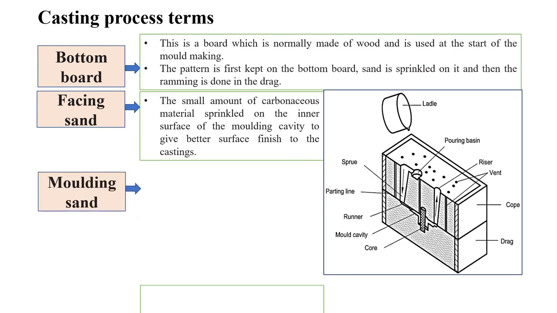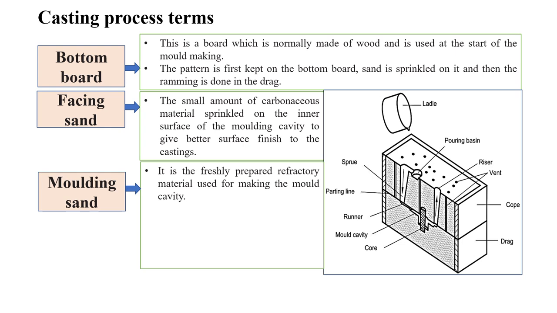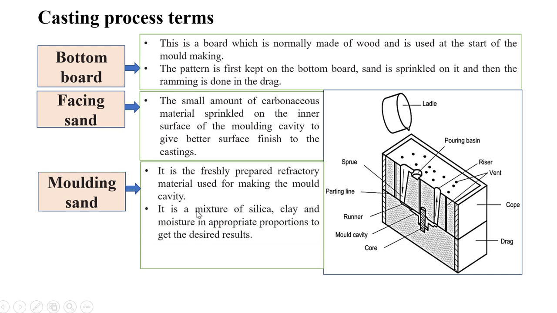Molding sand. Molding sand is the freshly prepared refractory material used for making the mold cavity. It is a mixture of silica, clay, and moisture in appropriate proportions to get the desired results. It surrounds the pattern while making the mold.